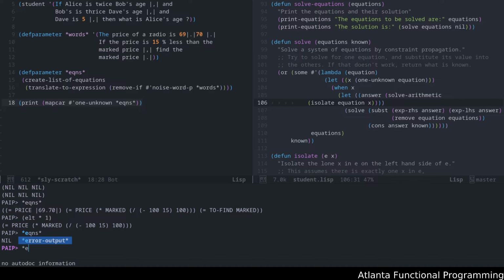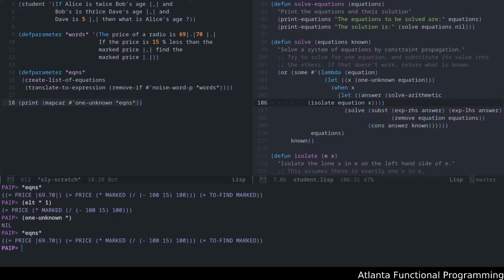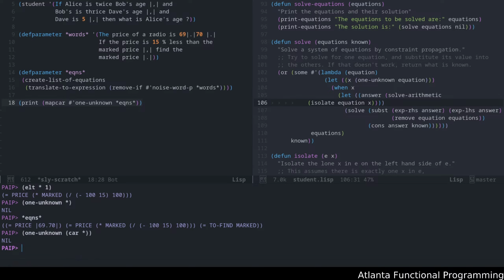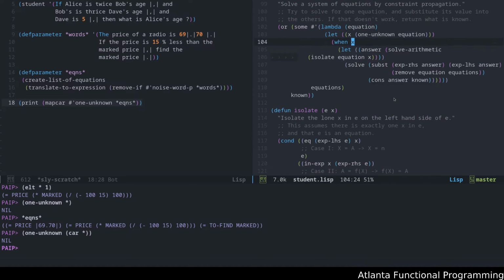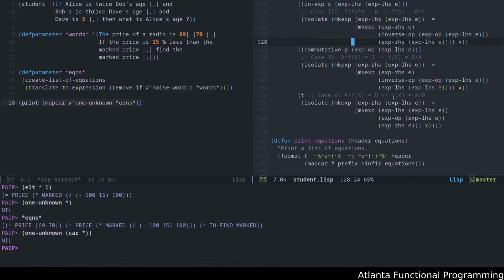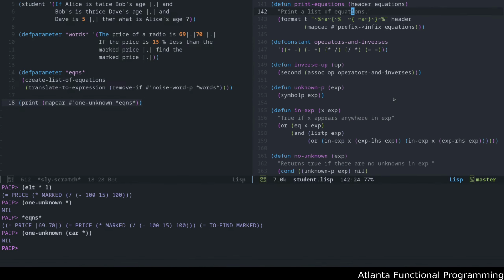But if we do this, and then we do 1, this should not give us null. This should give us true, because price is the only one unknown car of the previous thing. Why is that also nil? That's the rub.